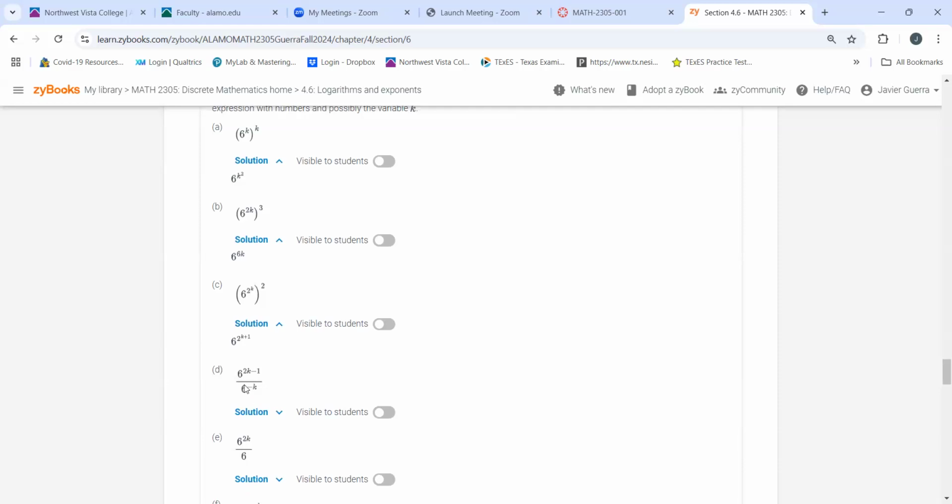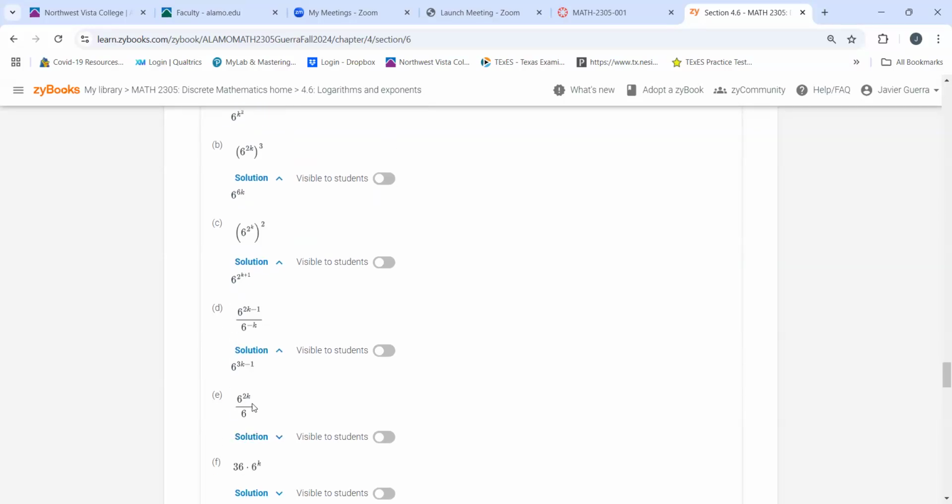This one I'm going to be subtracting, so it'll be 2k minus 1 plus k. Oh, sorry, because two negatives make a positive, that should be 2k plus another k minus 1, so that should be 6 raised to the 3k minus 1.